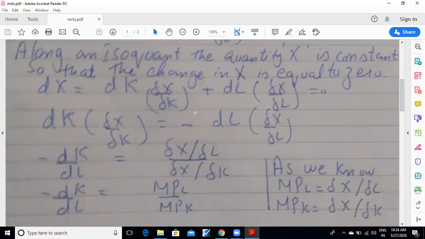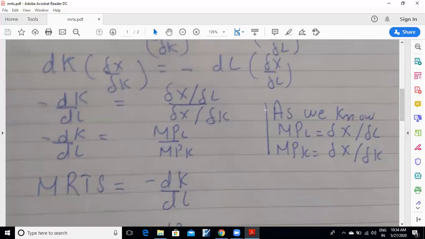If we solve this equation, we take the labor term to the right side, so it will be minus dL partial X over partial L. Then we divide by dL on the left-hand side, so it becomes minus dK over dL, which is equal to partial X over partial L, and partial X over partial K divides to the right-hand side, so it becomes partial X over partial L whole divided by partial X over partial K.